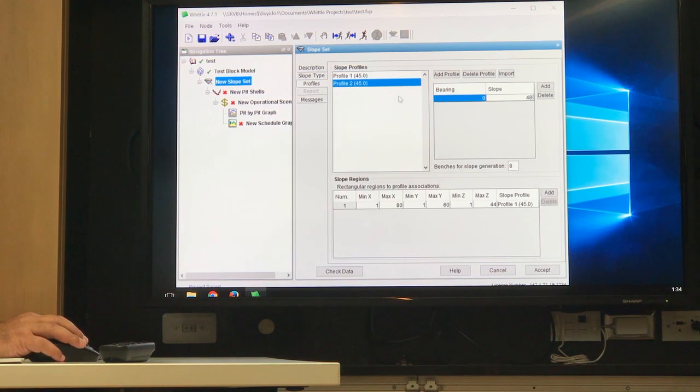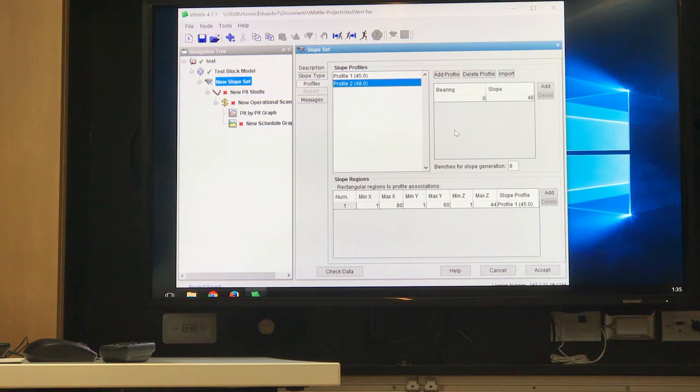So let's assume a scenario where the upper part of the pit is in a highly weathered rock, okay?